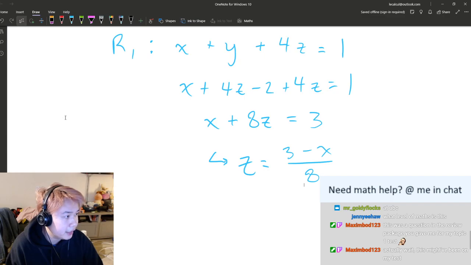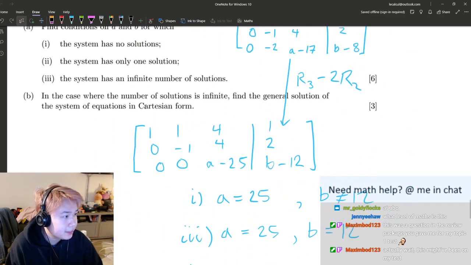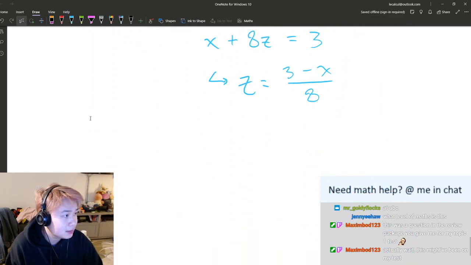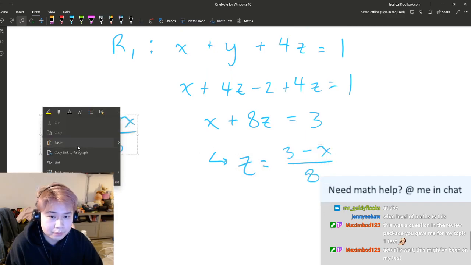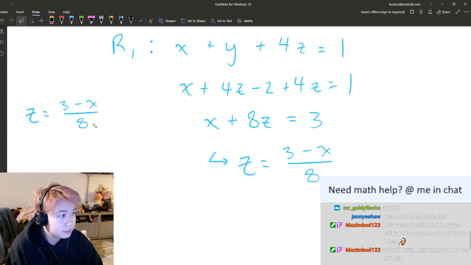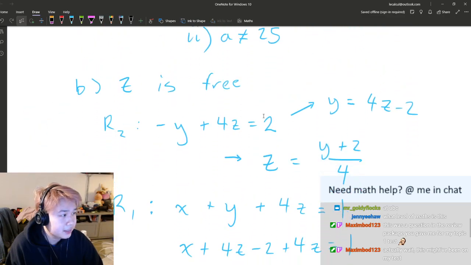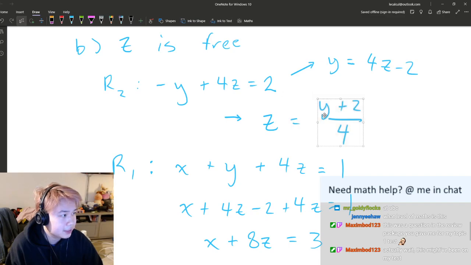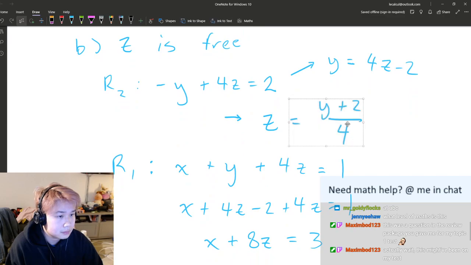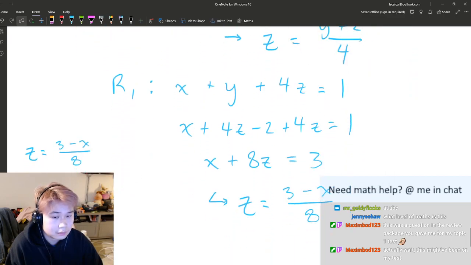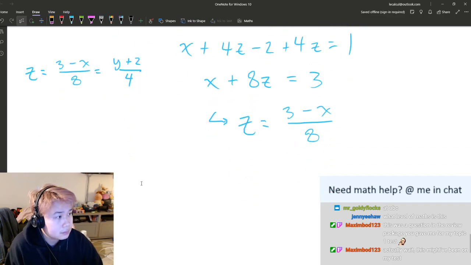Okay, so my Cartesian form of my solutions will be this thing, and then it's also equated to this one. Then there you go.